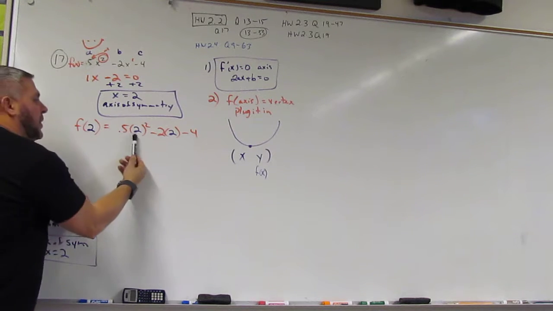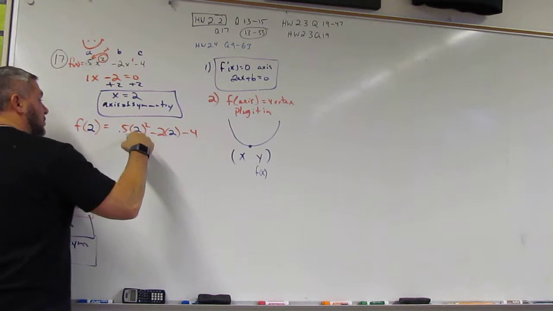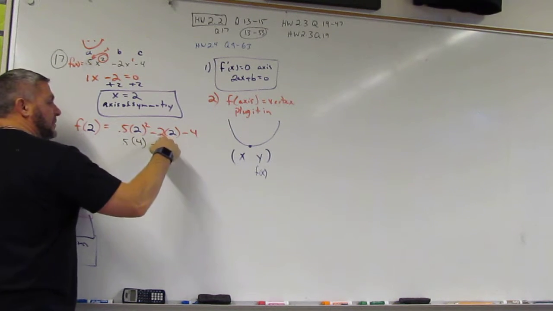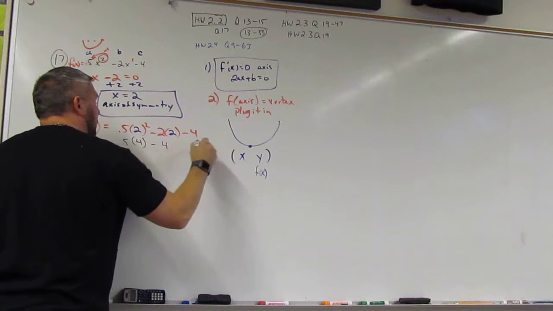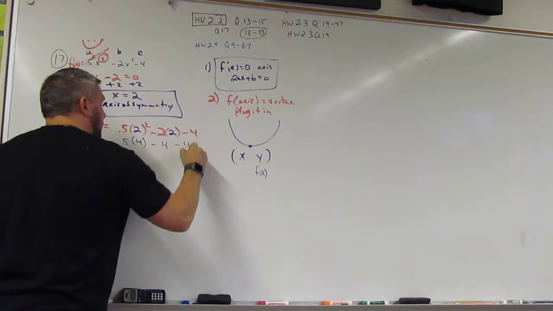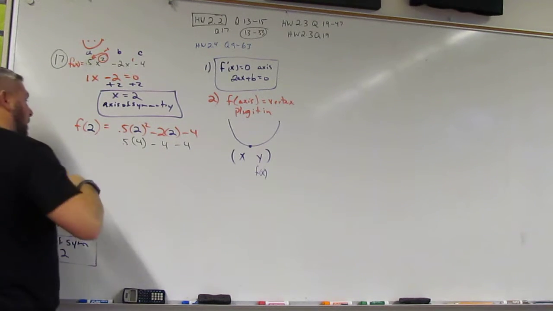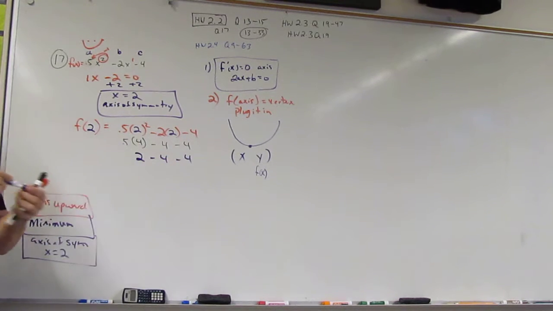Okay, what is 2 squared? 4. Okay? So 2 squared is 4. What's 2 times 2? 4. Okay? What's half of 4? 2. Okay. So 2 minus 4 minus 4. Now remember what I said.